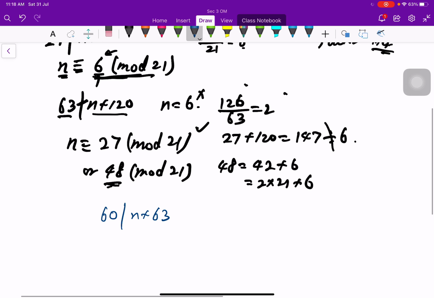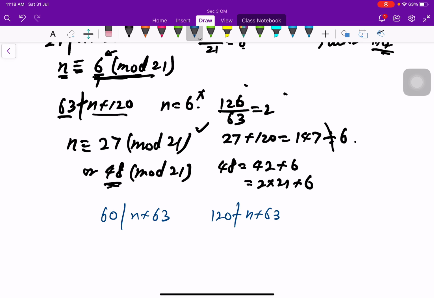And obviously, also your 120 cannot be a divisor of n plus 63, right? Because if 120 is a divisor of this n plus 63, the highest common factor will be 120. All right. Okay. Having said that, can you see that 60 is a divisor of this?